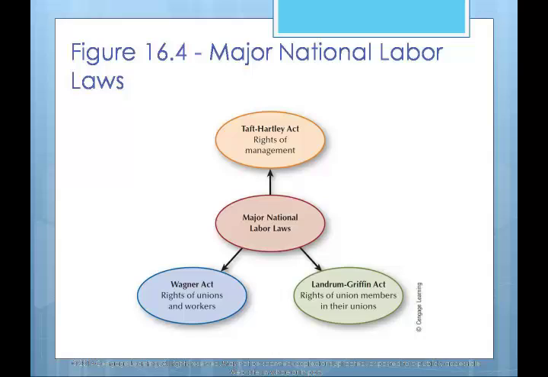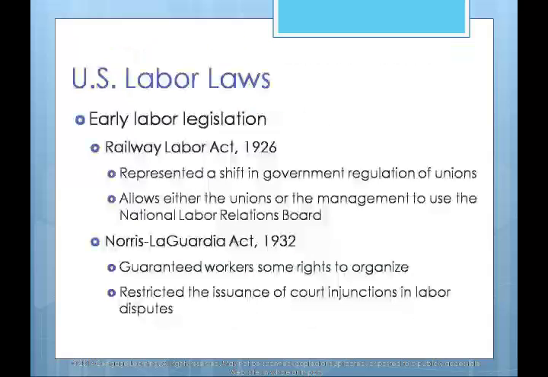And it was to ensure that the federal government protects the democratic rights of its members. Under this act, unions are required to establish bylaws, make financial reports, and provide union members with a Bill of Rights. So those go over the major national labor laws.